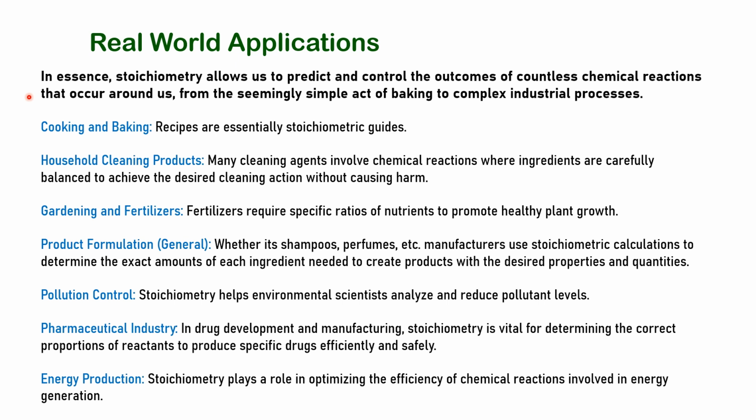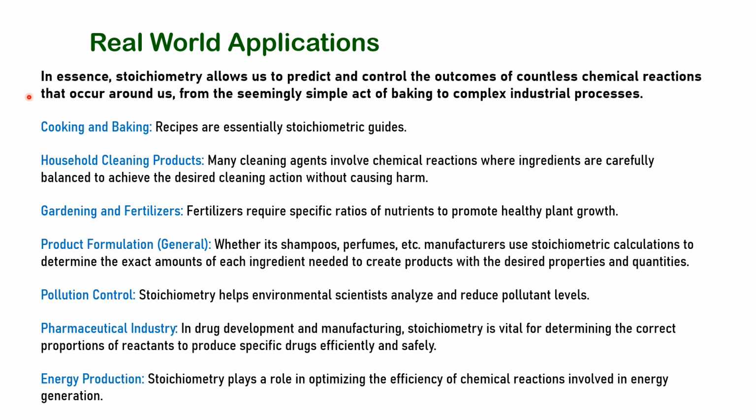Adjusting a recipe to make a larger or smaller batch involves applying stoichiometric principles to maintain the correct proportions and ensure the desired outcome in terms of taste and texture remains the same. Too much or too little of an ingredient, like baking soda, can significantly alter the result, according to Brainly.com.